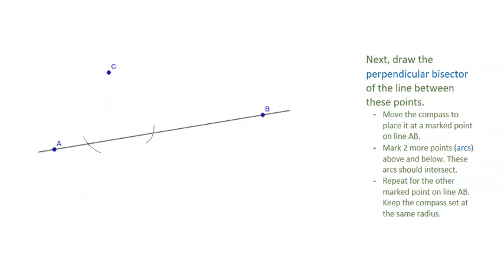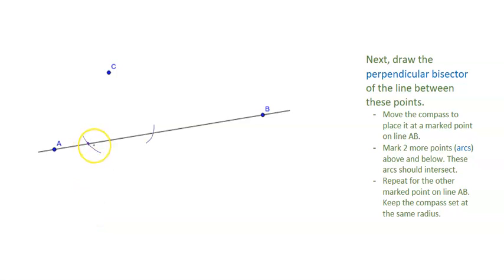The next section is drawing the perpendicular bisector of the line between these points. Instead of pivoting from C as we did in the first step, you need to move the pivot point to where these very clear, very sharp, very thin arcs intersect line AB. So you move the pivot point to one of these points right there.